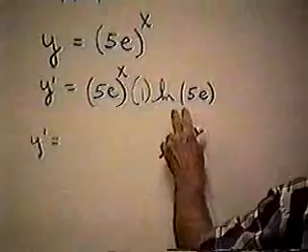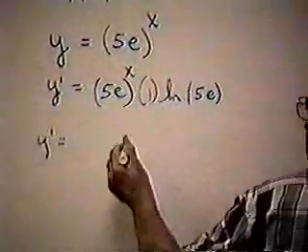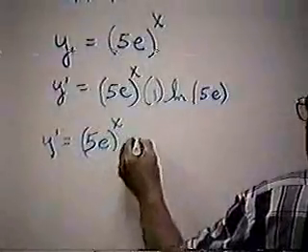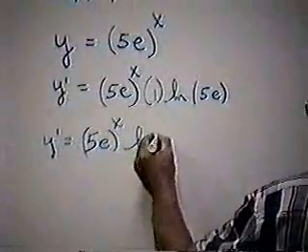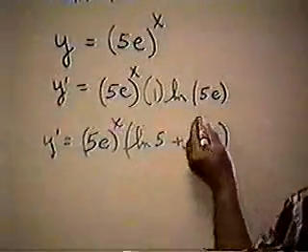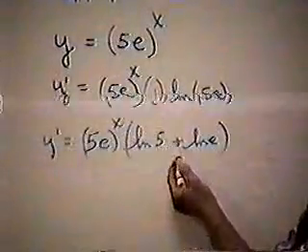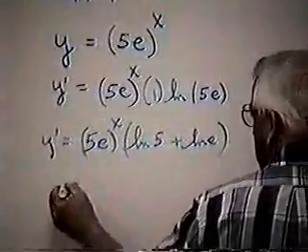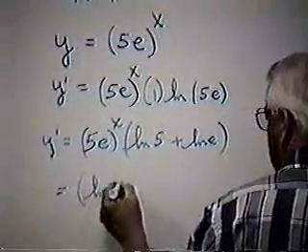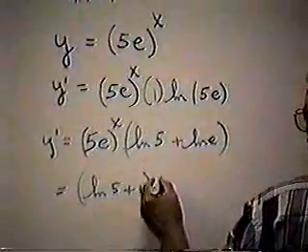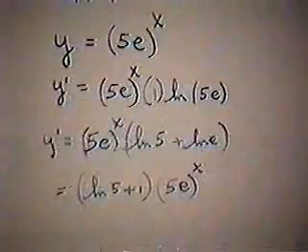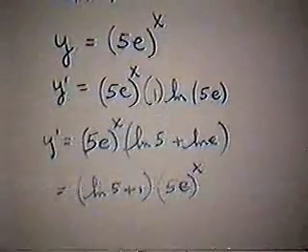This can be expanded. Okay? So we'll write down 5e to the x, and then this is the log of 5 plus the log of e. The log of multiplication is log plus log. So what we're going to have here then is the log of 5 plus 1 times 5e to the x power.